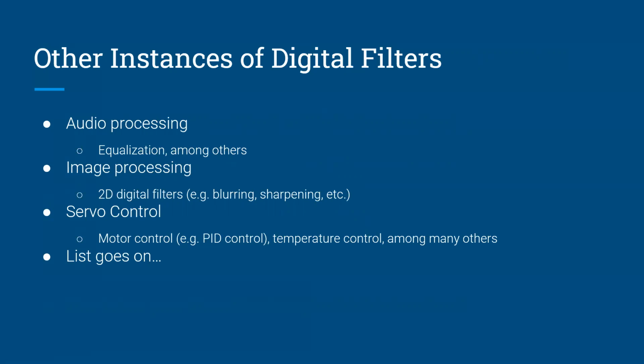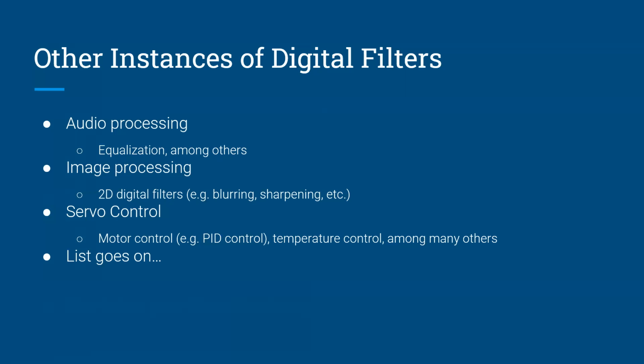So you might attenuate higher frequencies and attenuate less lower frequencies if you want to improve the bass in an audio clip or something. In image processing, there's tons of applications. There's blurring, there's sharpening, there's edge detection, and so on. And all of those are forms of filters, digital filters specifically.